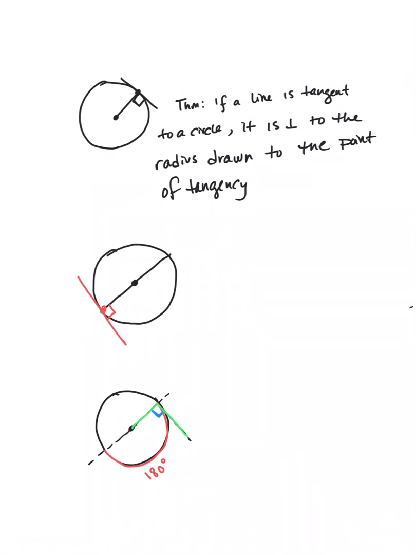Okay, one other thing I have to tell you about tangents. Something we call the hat theorem. Let's say you have two tangents drawn to a circle, and they're intersecting outside the circle. Those tangents are congruent. So that's going to come up all the time.